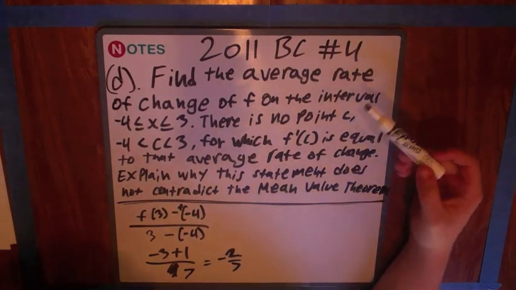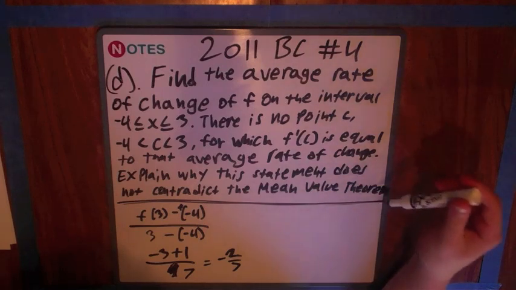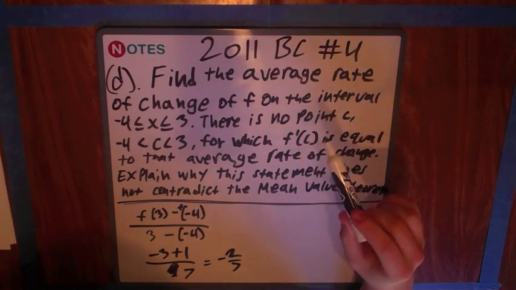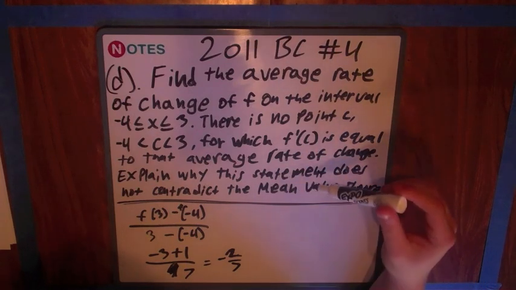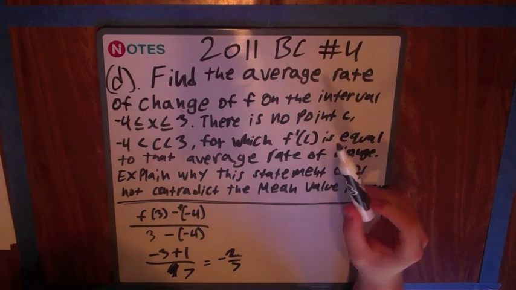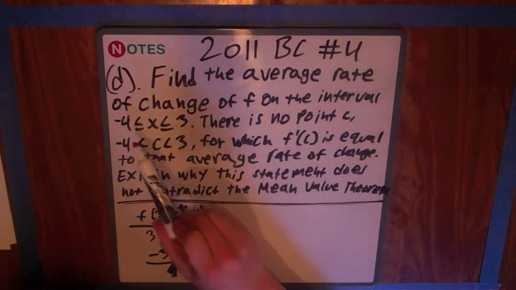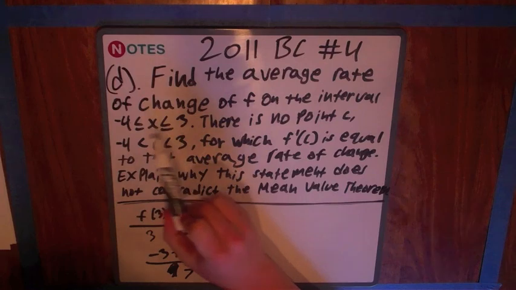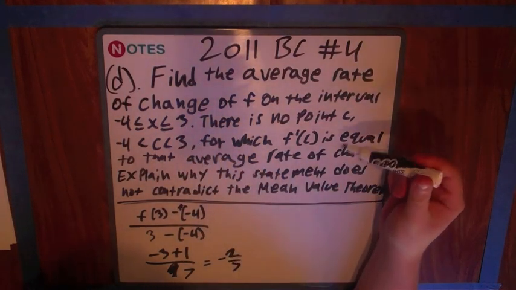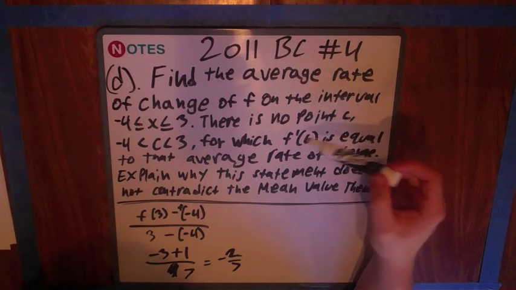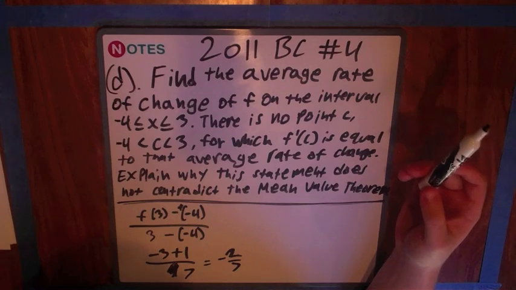Now for the second part of this statement they make, why does it not contradict the mean value theorem? So in total, it does not contradict the mean value theorem because the mean value theorem states that it has to be differentiable on all these points between negative 4 and 3 for the point C and f prime of C to exist.